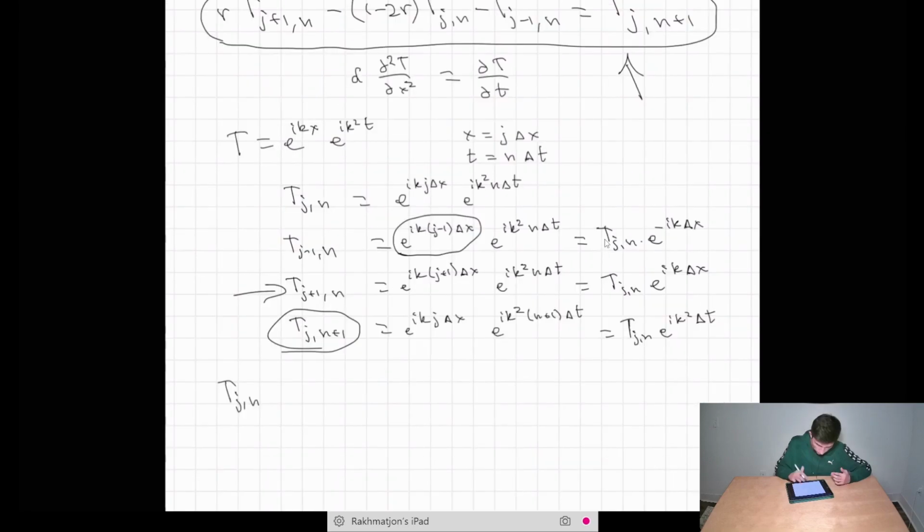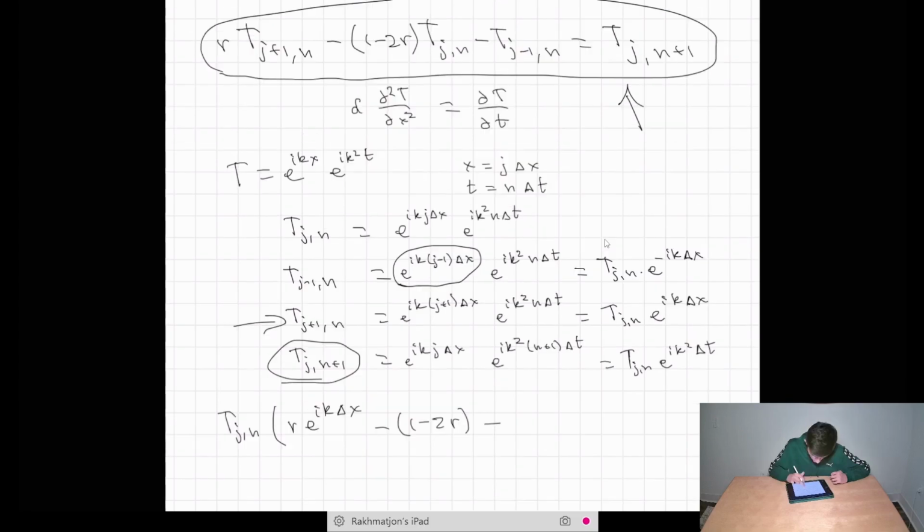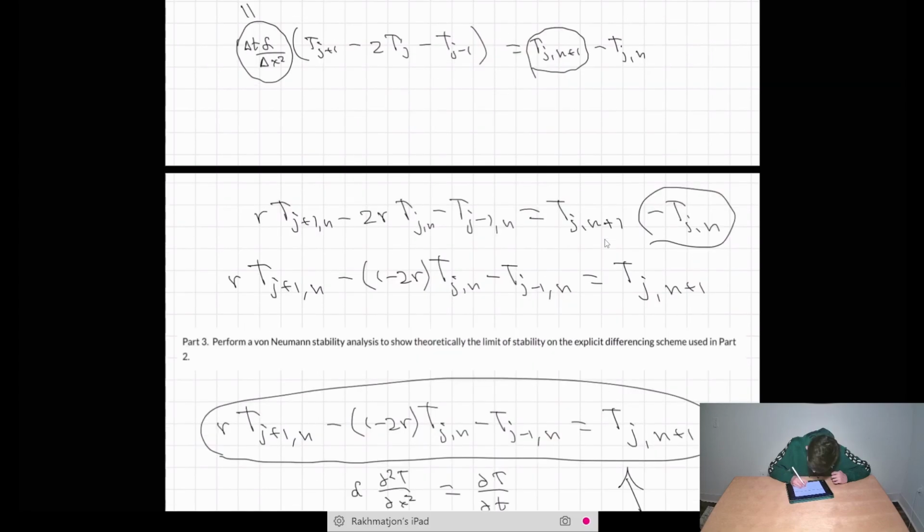For this part, that's going to be r times e to the i k delta x minus 1 minus 2r, times T j n. And for T j minus 1, I think I made a mistake here: when I was opening it, I forgot r here.